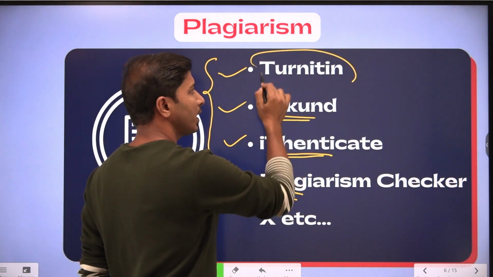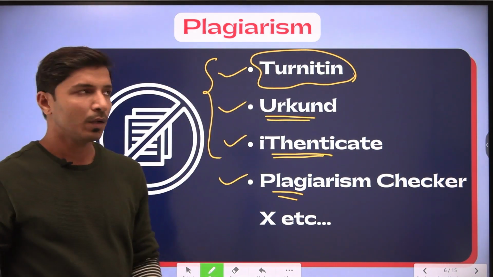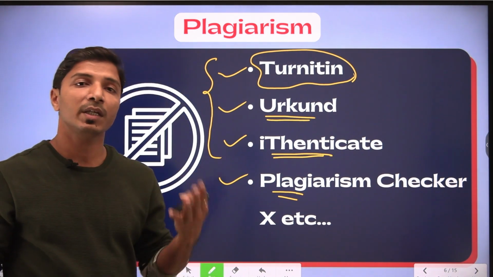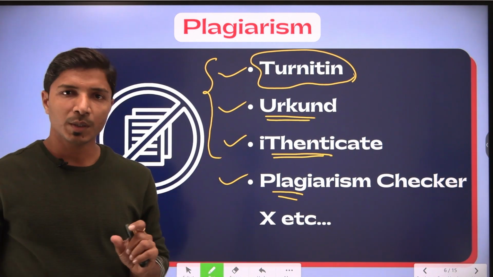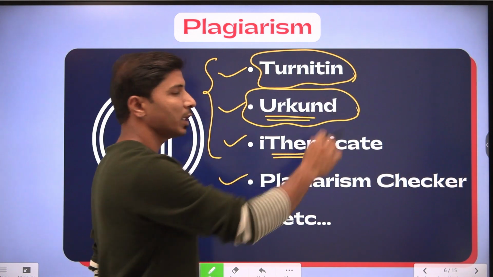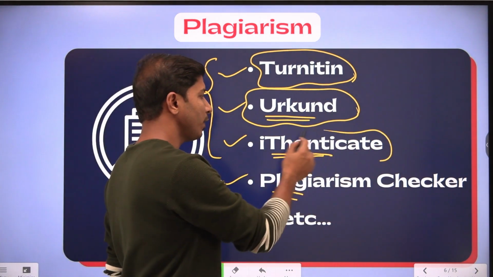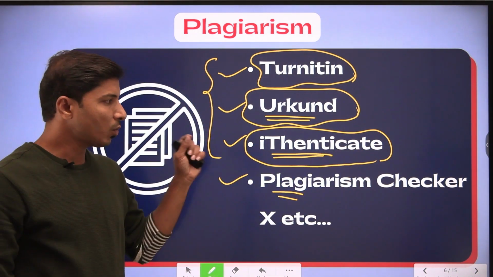Turnitin is the most widely used plagiarism checker, employed by almost all the journals and many universities in India and abroad. If you talk about subscriptions, you cannot take an Urkund subscription; an individual subscription is not possible. For Authenticate, yes, from their website you can purchase a subscription, but it costs very high.